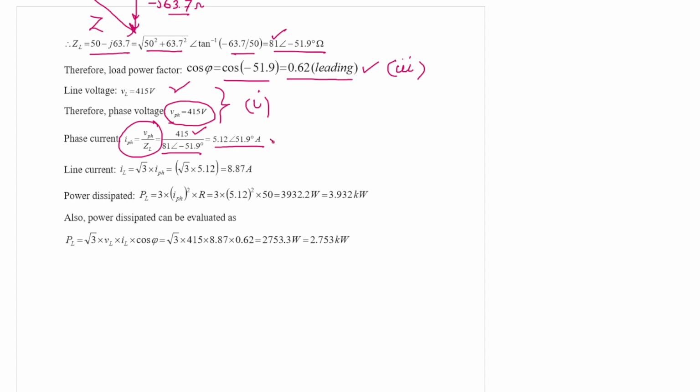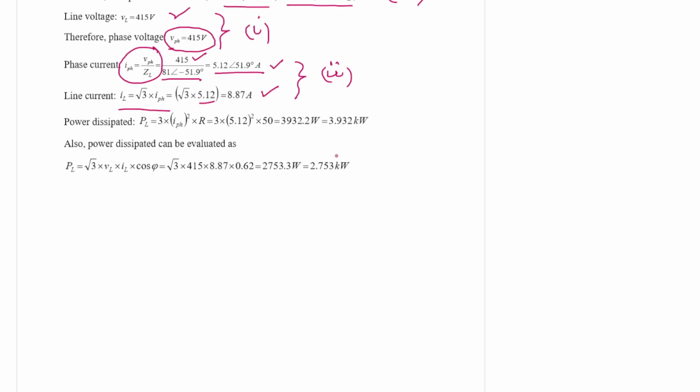This time it is a leading current because a capacitance is present. In a delta network, line current becomes root 3 times phase current. So root 3 times 5.12 becomes 8.87 ampere. So this becomes the second parameter.